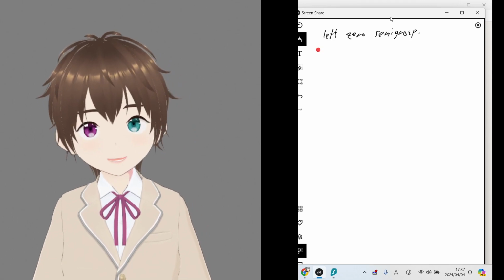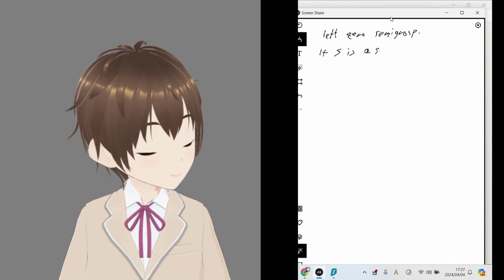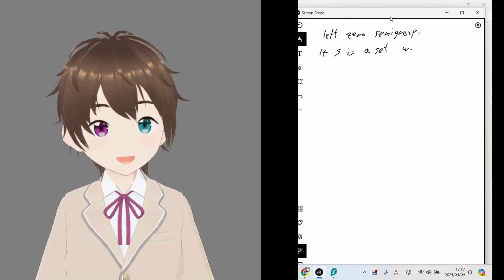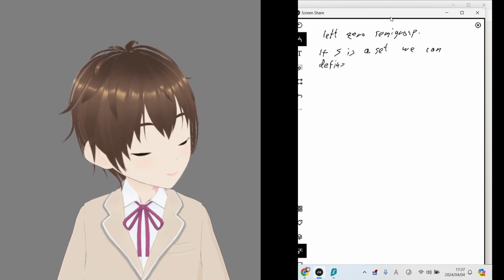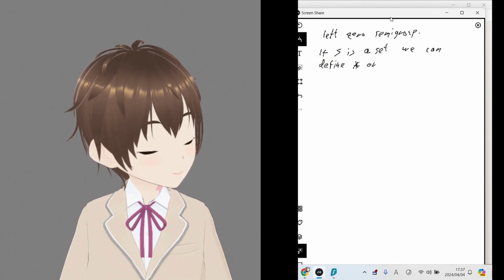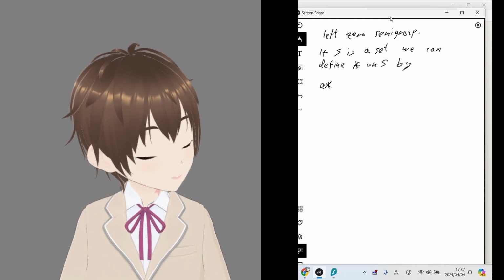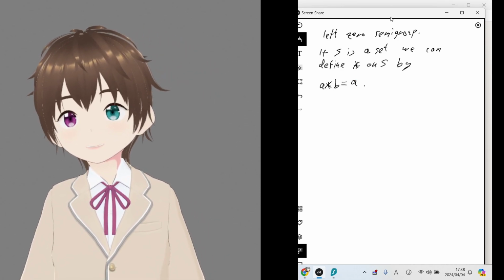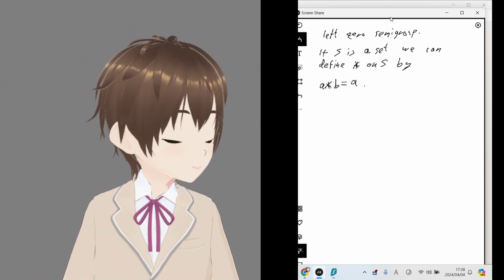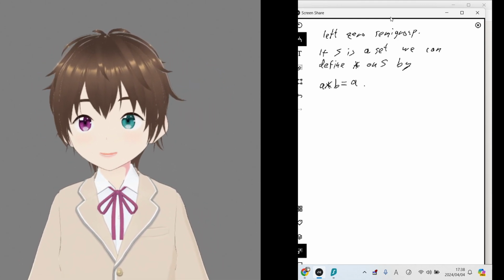If S is a set, we can define the binary operation on S by A star B is just equal to A. This is the left projection map, as it were, from S squared to S. And it's very easy to see that this is associative.